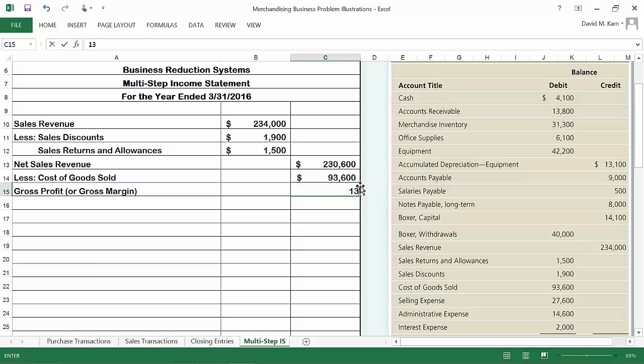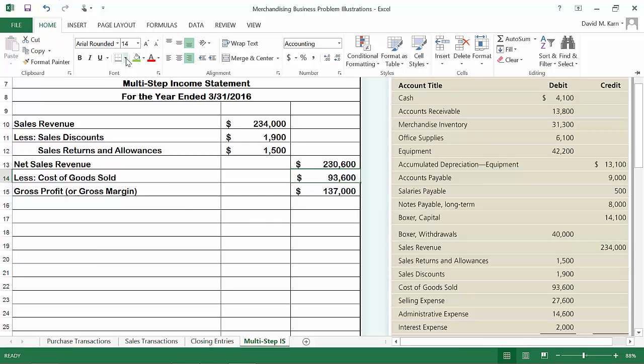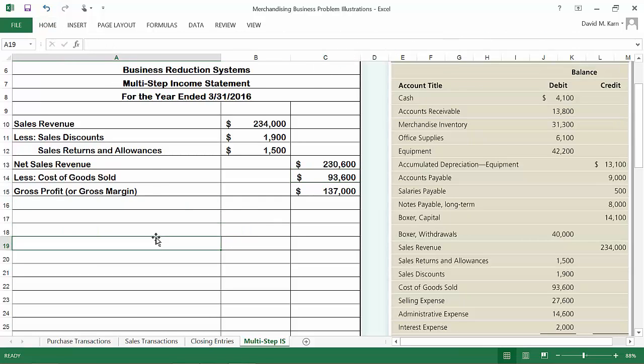So now we get 137 even here. So I will put a line there to signify that we subtracted that out. Okay. Then we get to our operating expenses, and we would break them down into the two categories that I talked about in the lecture video. We have both selling. They give us the total amount, so selling expense, and that was $27,600.